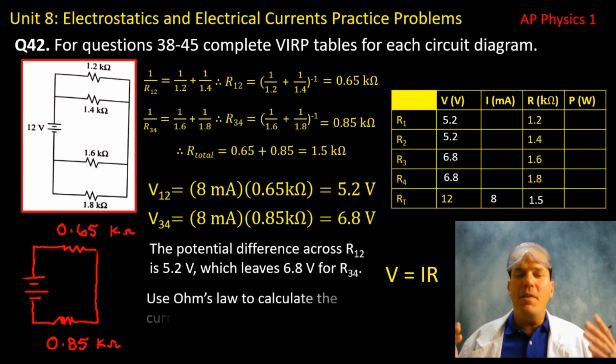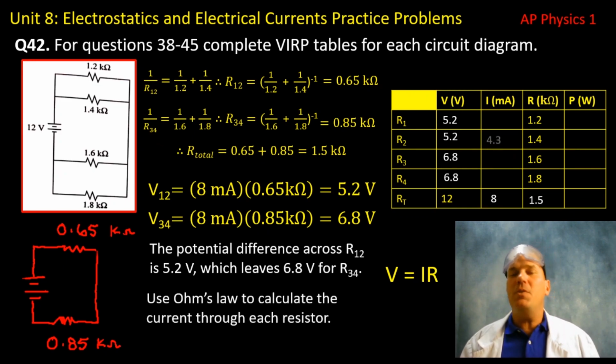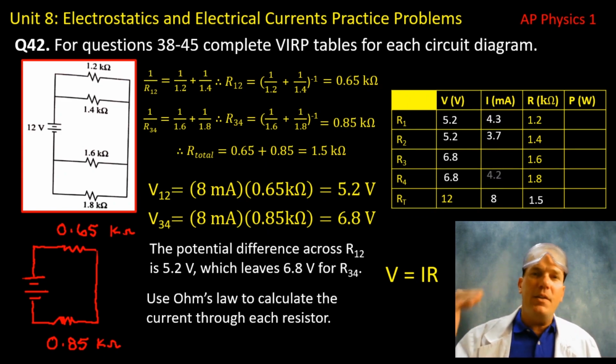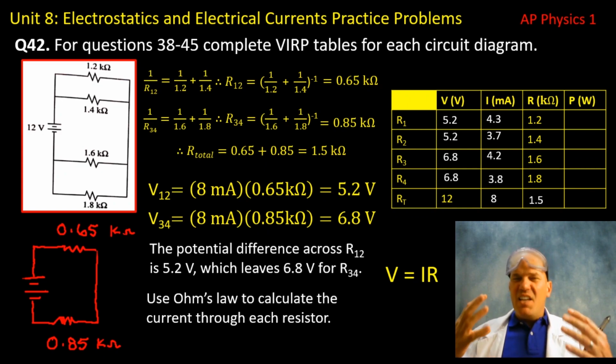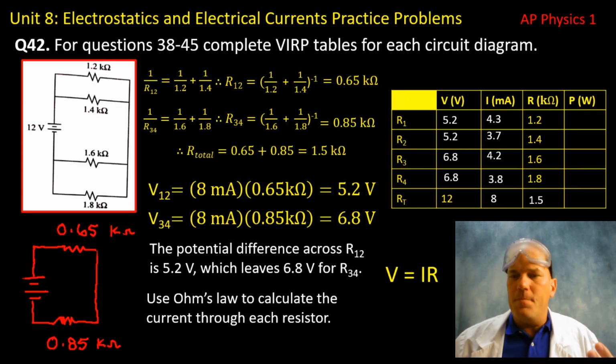Now that we have this information, we can use Ohm's law to calculate the resistance, or excuse me, the current for resistors 1, 2, 3, 4, because the conceptual hurdle is done. All right?